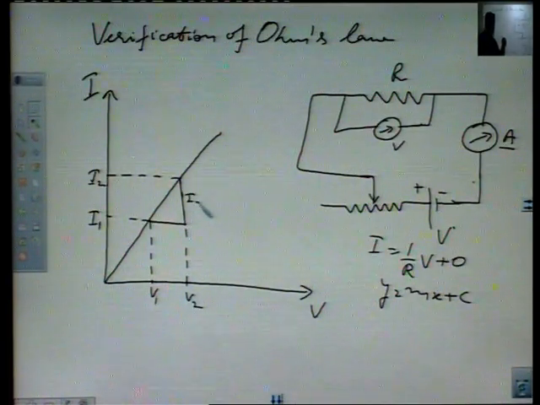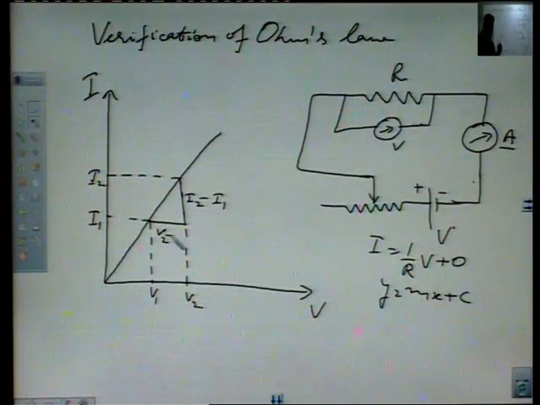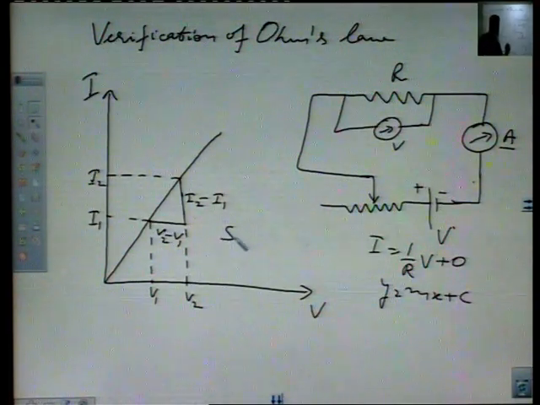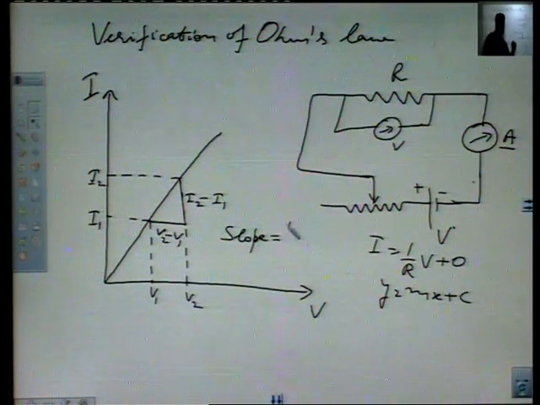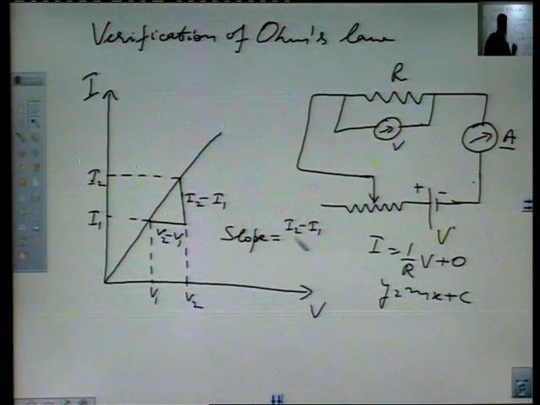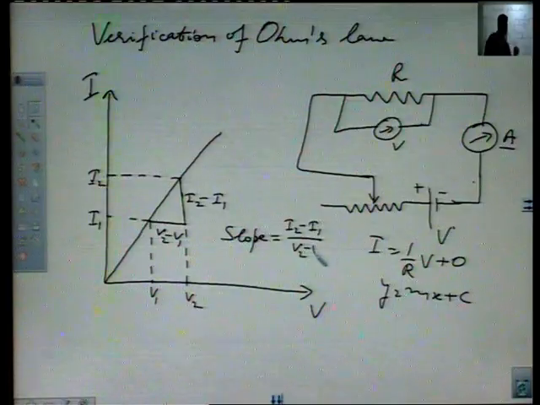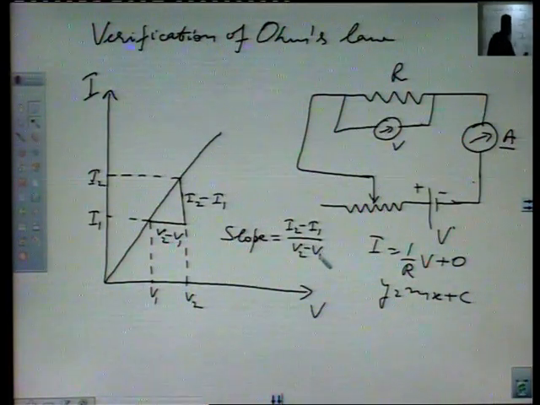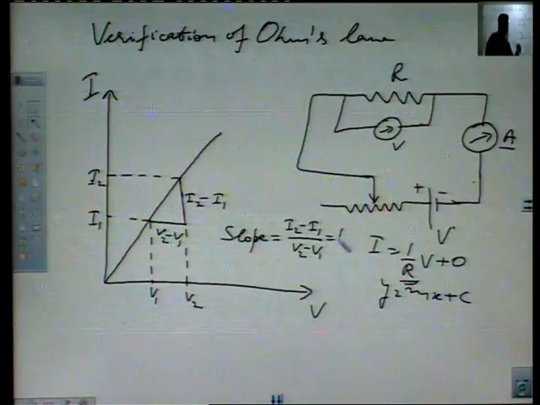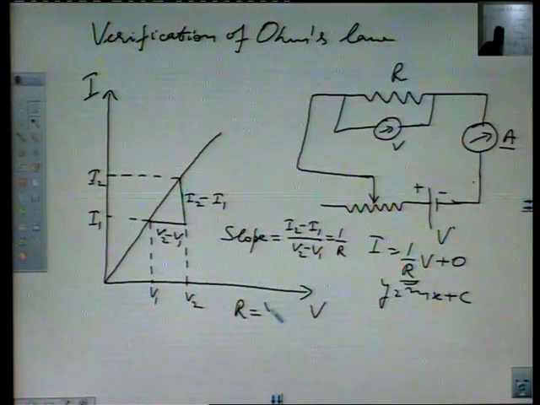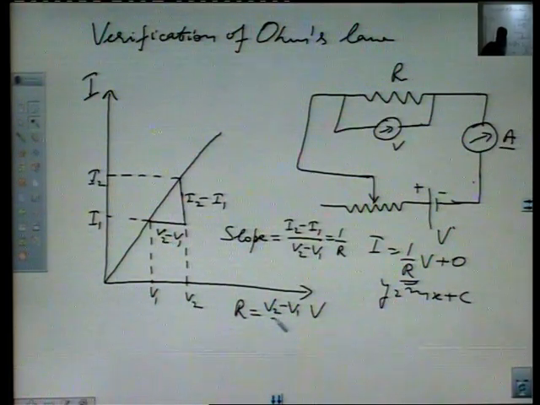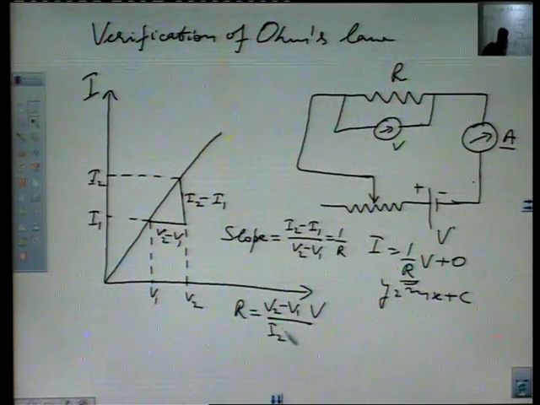This is I2 minus I1. How much is this side? V2 minus V1. So, the slope of this line is equal to I2 minus I1 over V2 minus V1, and from this equation this slope is equal to 1 over R, or you can write R is equal to V2 minus V1 over I2 minus I1.